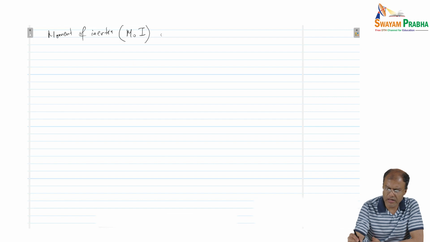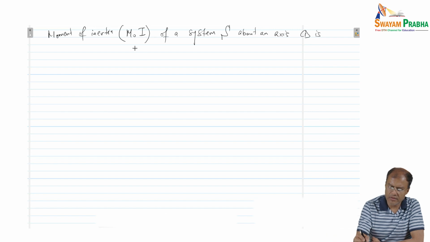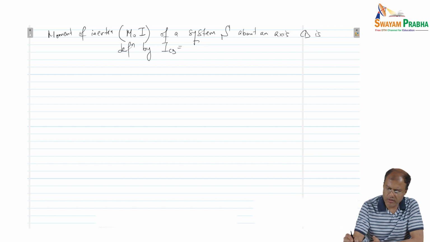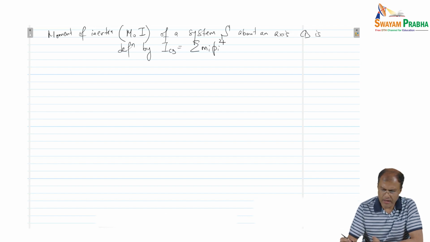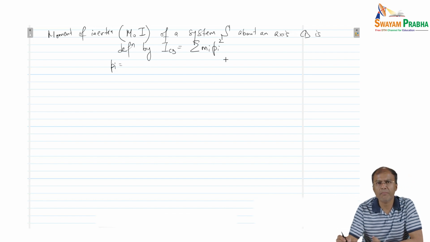So moment of inertia of a system S about an axis CD is defined by I_CD equal to summation m_i p_i square, right? Where p_i is the perpendicular distance.